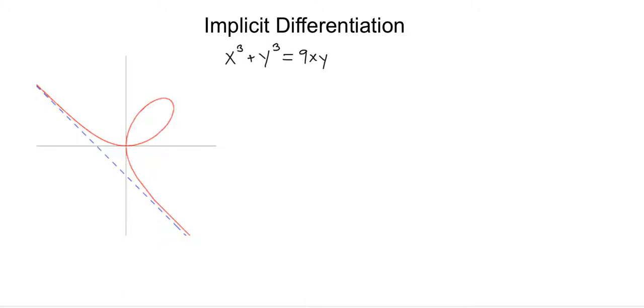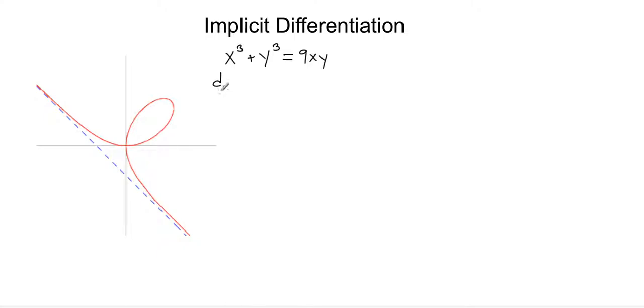Here we have what's called a folium. Again, it's not a function, but we can treat it like a differentiable function of x by implicitly taking the derivative. The first step is to differentiate both sides with respect to x.